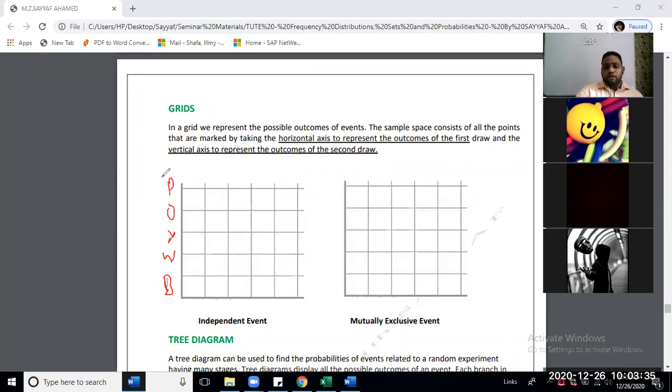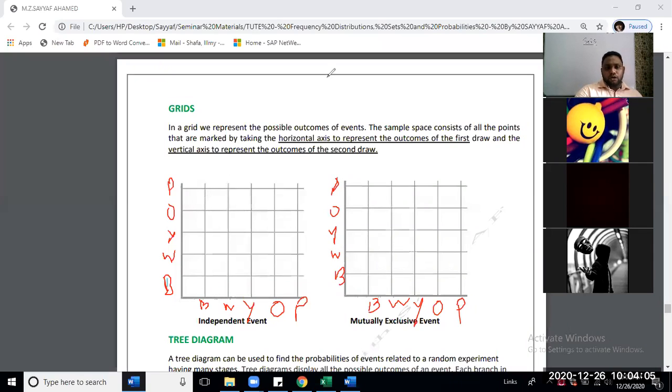There are four balls or five balls, and we have B, W, Y, O, P. The same way we have the same thing, B, W, Y, O, P. Okay, fine. Now let's say these are balls.